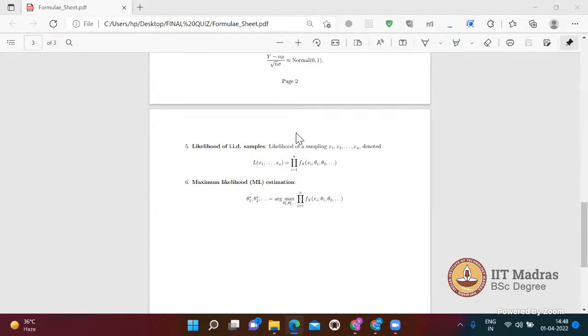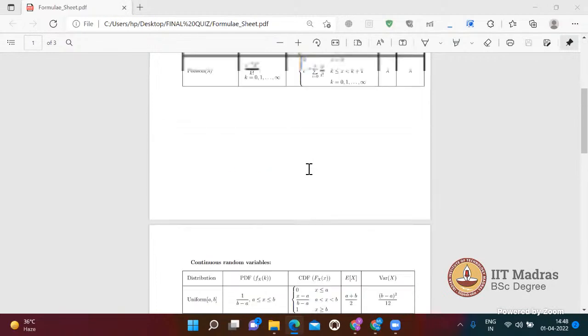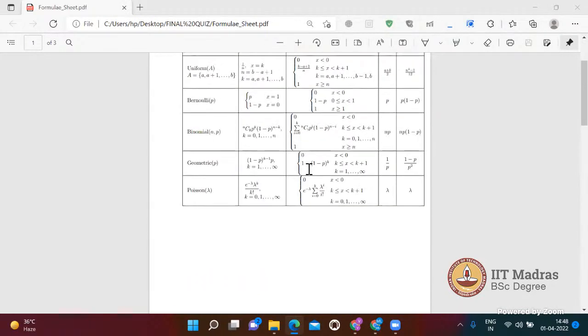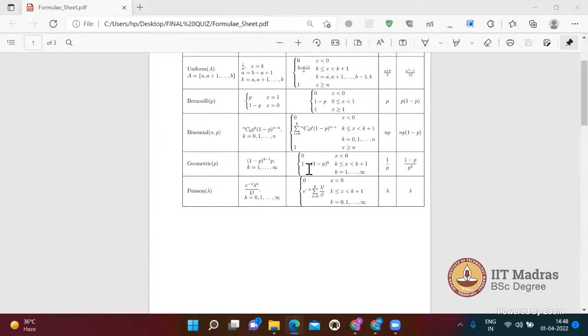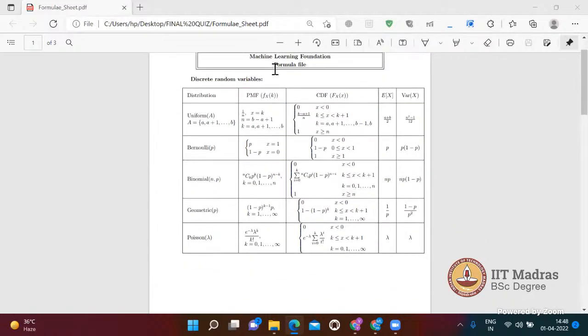I guess this will be there in the question paper also. So if you are not able to remember the basic formulas of probability, they will be there in the formula sheet. Jimmy has uploaded it there also, but if you want to see it, you can see this.